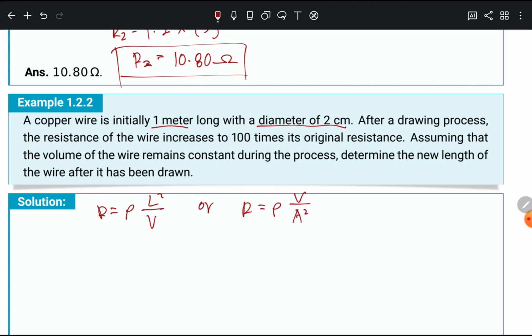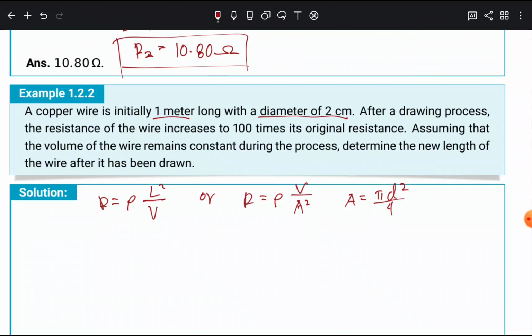Because the diameter is given, and we know that area is just pi d squared over 4, if this is circular, because it has a diameter. Now, we can choose either of the two, but because we used the L squared from the previous example, we can now use the area for this example.